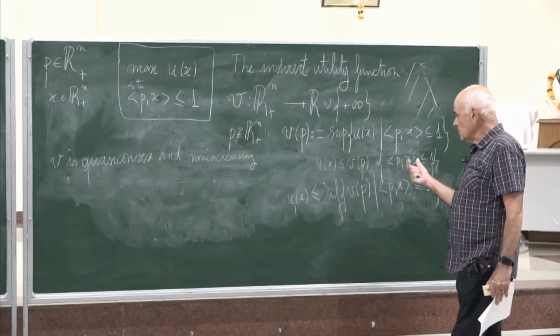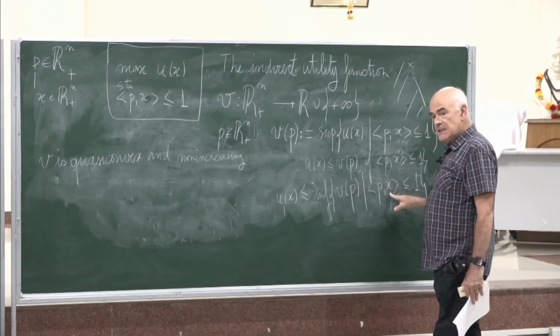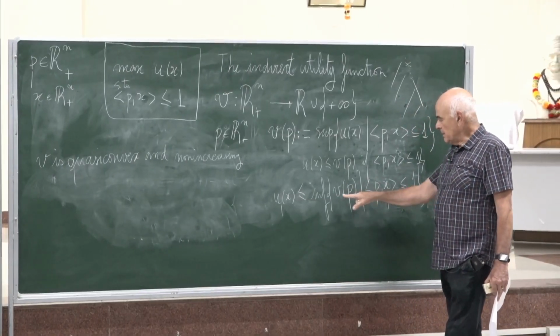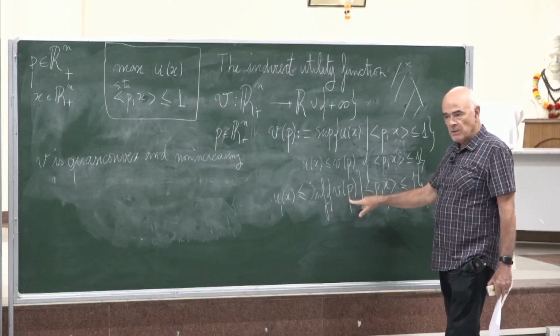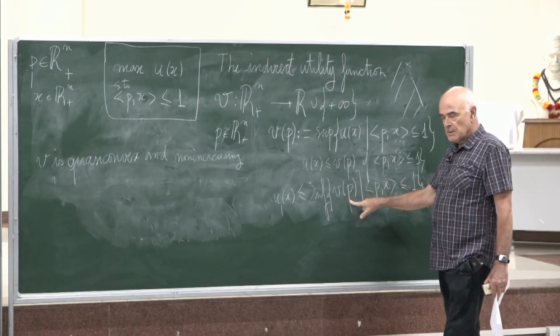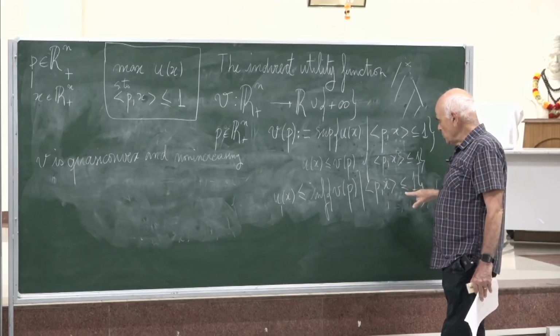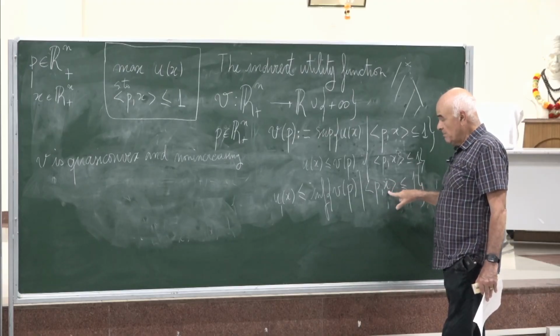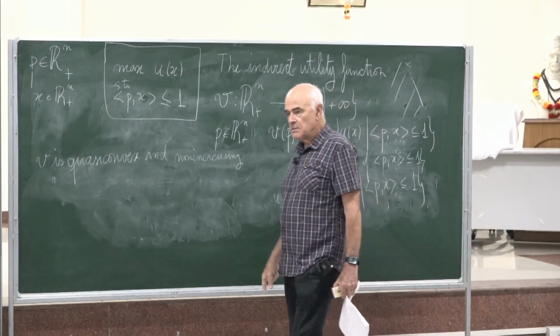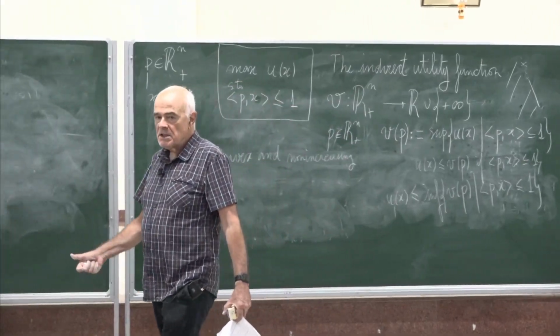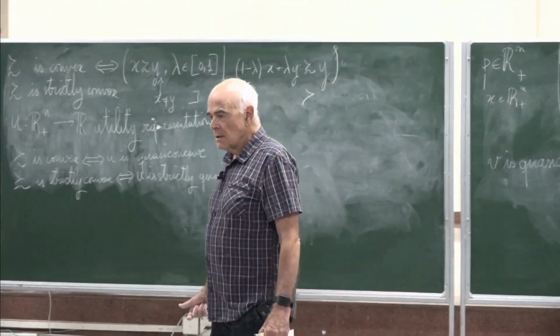So now the roles are exchanged. x is given, and in this minimization problem, the variable is p. Then you solve this minimization problem in which the parameter is x, and this is the most I can say about u.